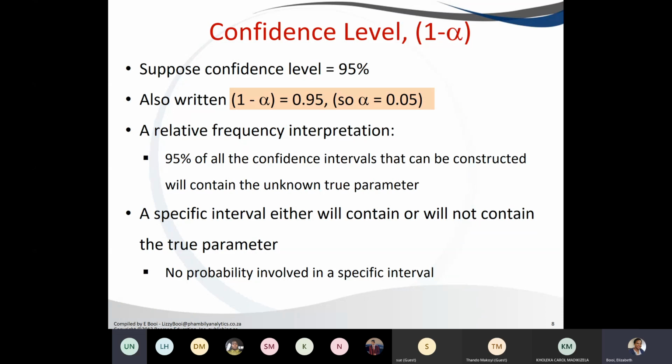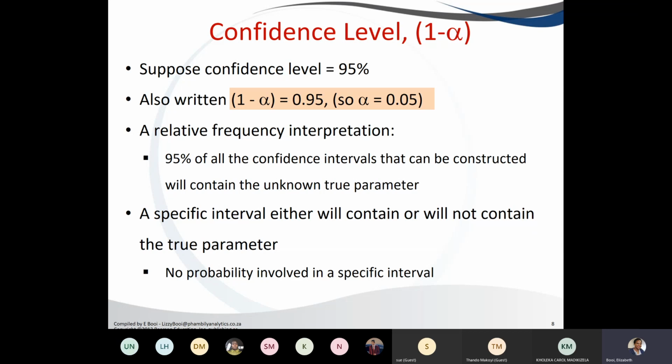Your level of significance will be 1 minus alpha equals 0.95, where you make alpha the subject of the formula, which then becomes 0.05. With that, you can then go and find the critical value.